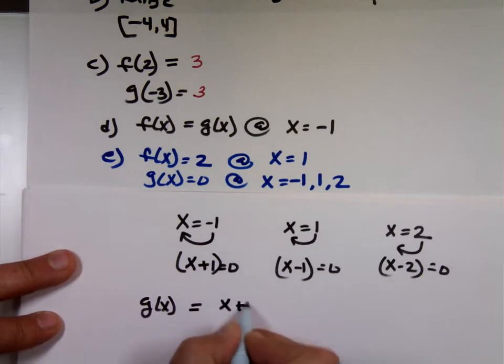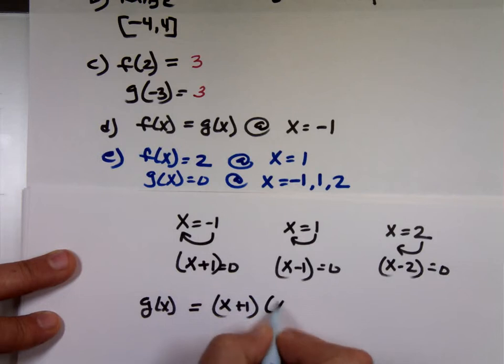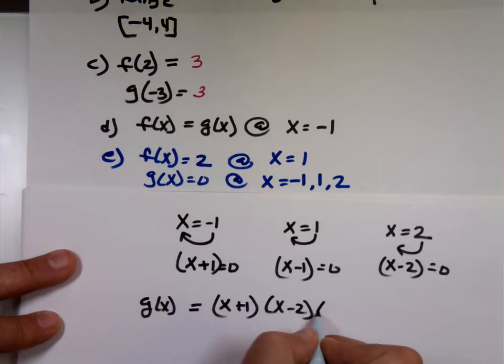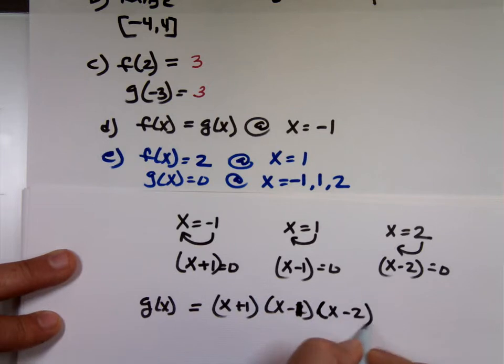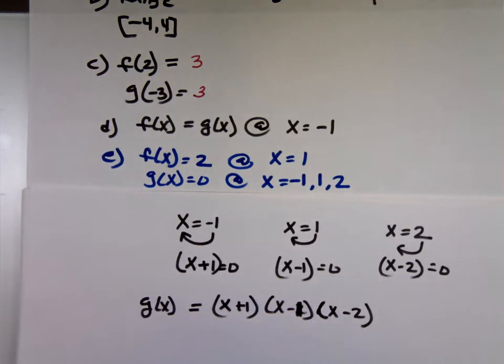X plus 1 times x minus 1, times x minus 2. Remember how you work the problem backward? If I gave you this, it says find the roots, find where it's 0. What do you do? You set each one of them equal to 0, then you solve them. So we're doing the reverse here.